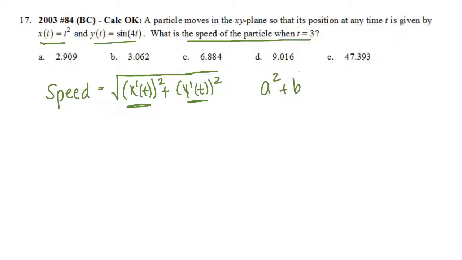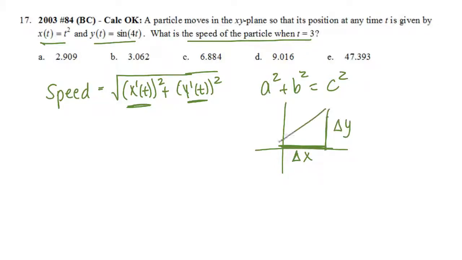And really this is just the Pythagorean theorem or distance formula, same thing. a squared plus b squared equals c squared. If you look at a plane, this is your changing x's here, and then here is your changing y's, and then right here, this is their change right there. So that's what's going on here. So we know that this is calculator, but since these are so simple, we can do those derivatives by hand. So x prime at t is going to be 2 times t.